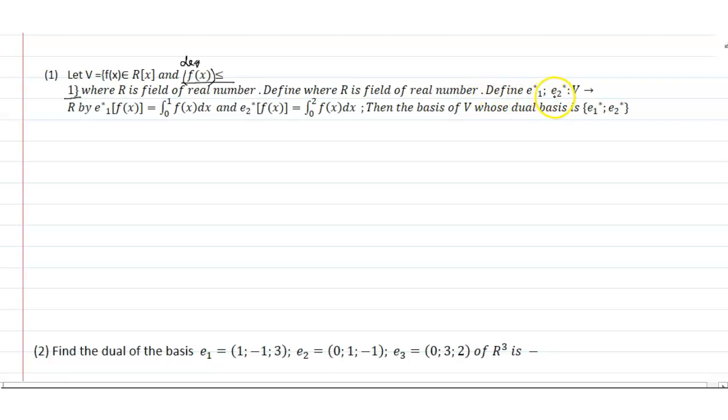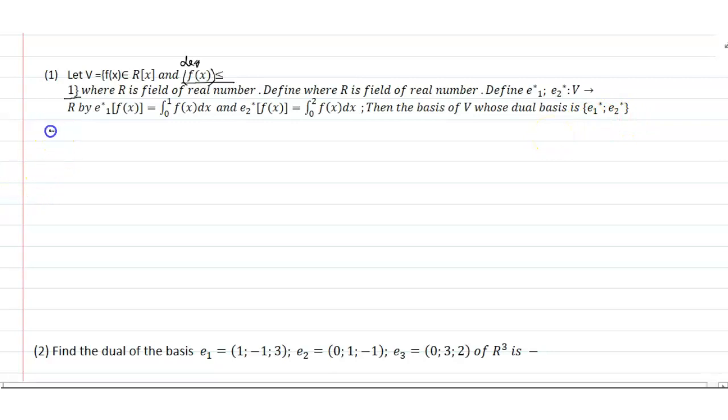Define E1 star and E2 star from V to R by E1 star f(x) equals the integral from 0 to 1 of f(x) dx, and E2 star f(x) equals the integral from 0 to 2 of f(x) dx. Find the basis of V whose dual basis is E1 star and E2 star.